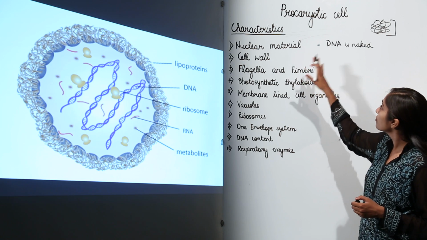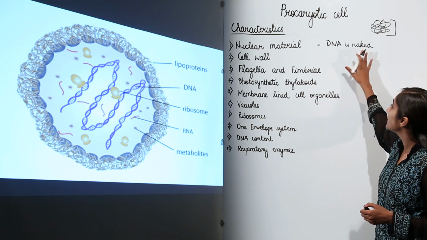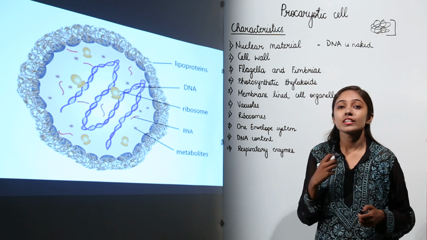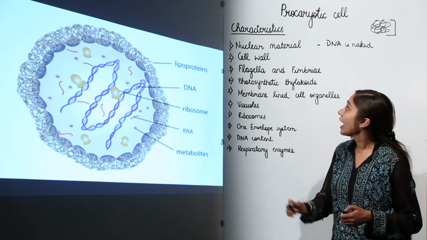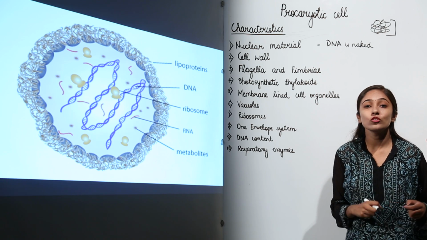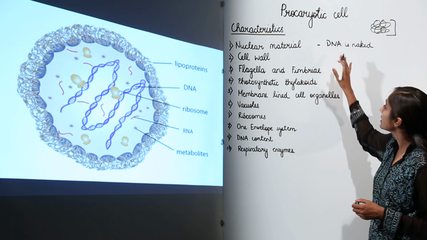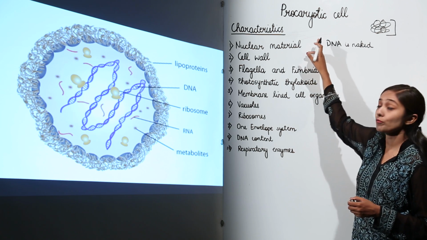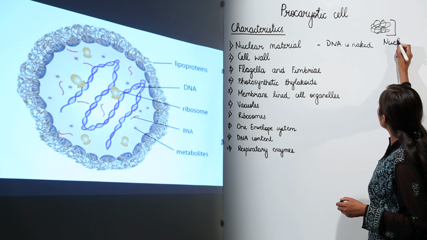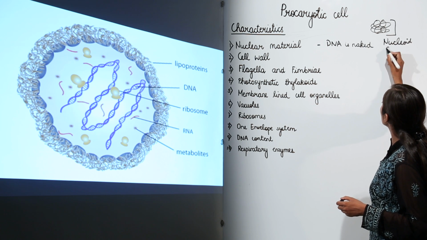So, in case of a prokaryotic cell, DNA is naked. It means that DNA is not associated with histone proteins, right? And this DNA, in this case, we call it nucleoid, or sometimes you can also call it genophore.